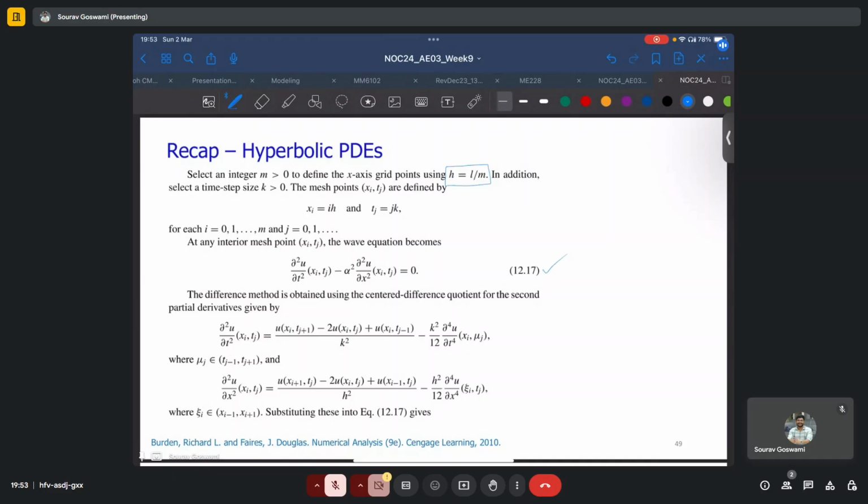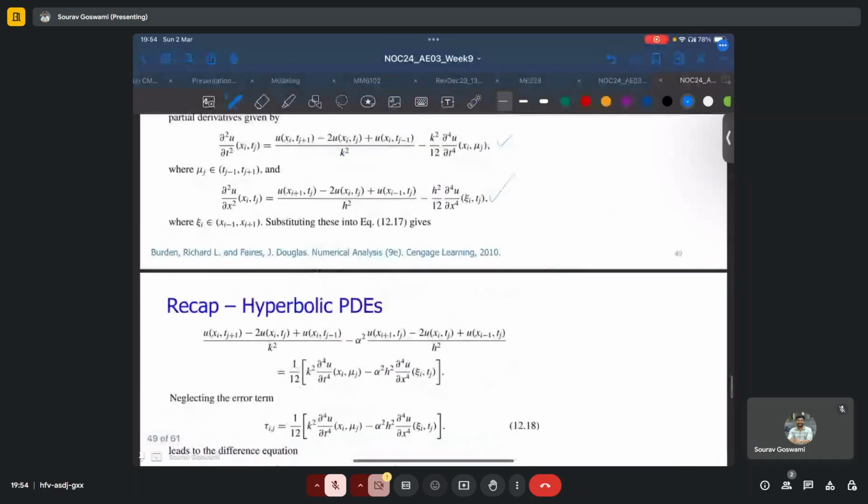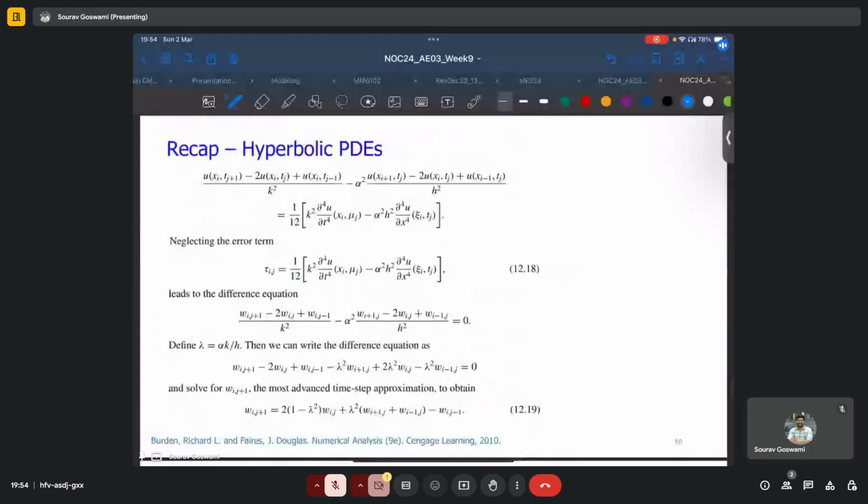The difference method here is obtained using the centered difference formula for the second partial derivative, and the forms are readily given here. And after further simplification and some assumptions, the advanced time step approximation will become w i, j plus 1 equals 2 into 1 minus lambda squared into w i j plus lambda squared into w i plus 1 j plus w i minus 1 j, minus w i, j minus 1, as given in equation 12.19.